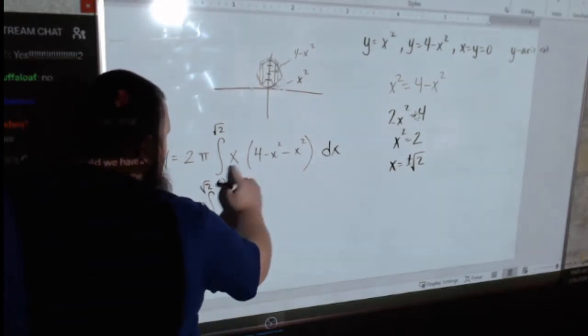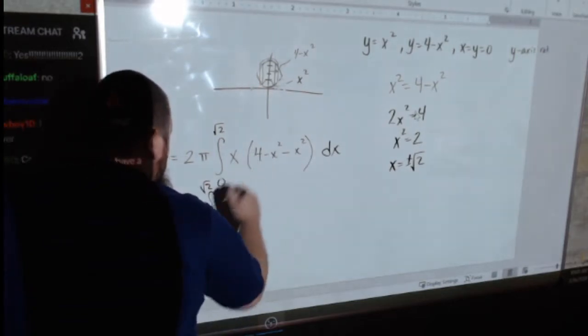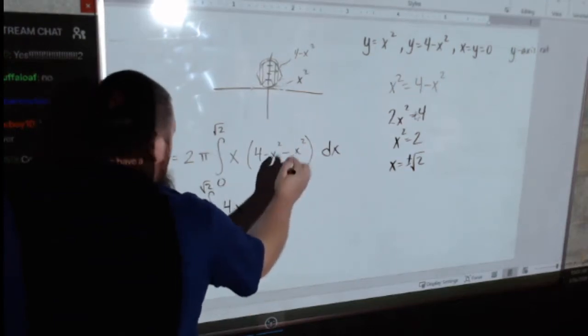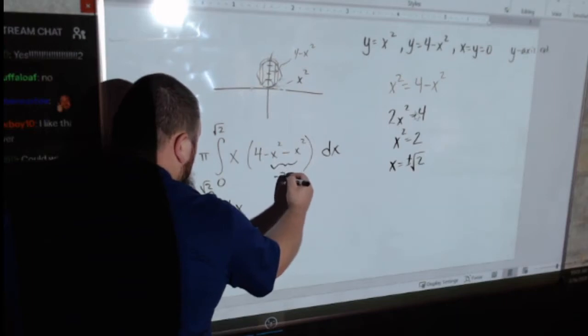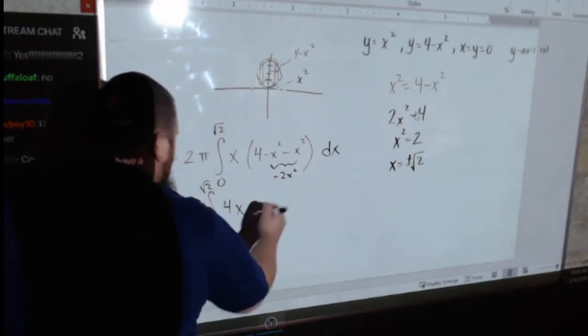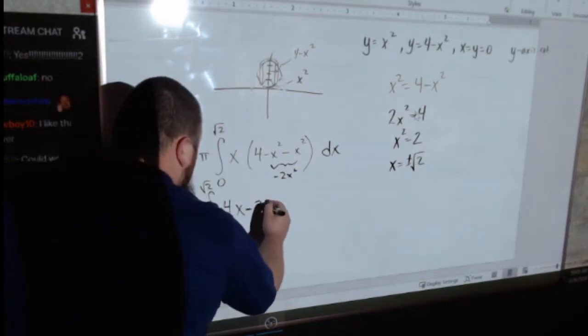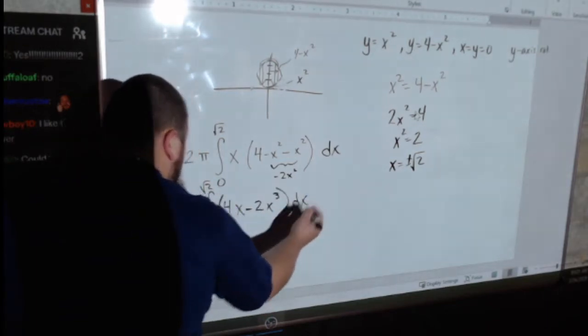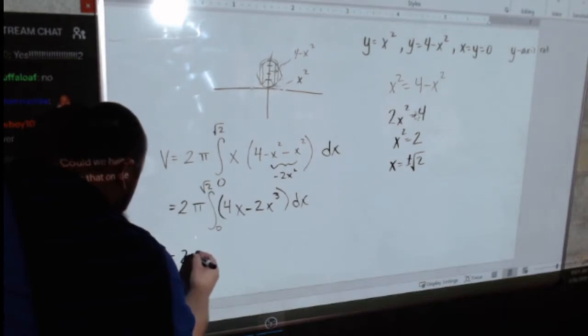Inside here we're going to get, if I multiply this all out, this is going to be 4x. This is minus 2x squared times another x. So that's minus 2x cubed dx. Go ahead and integrate.